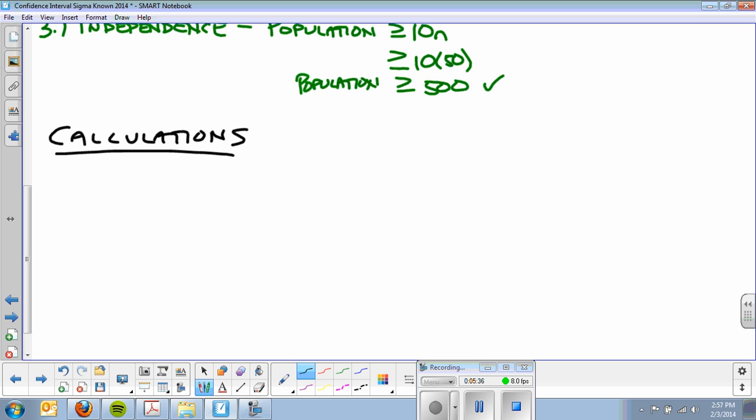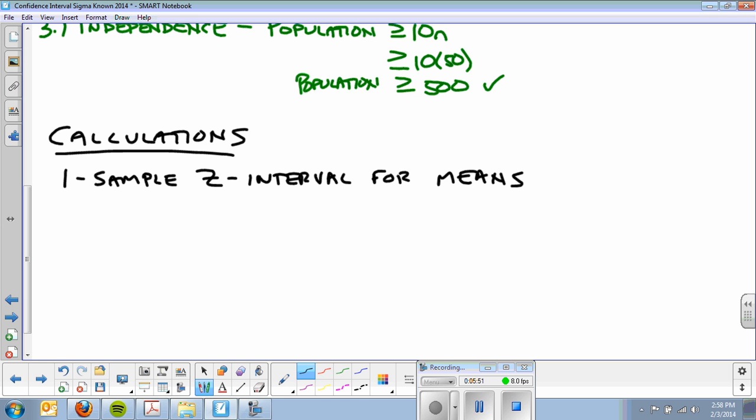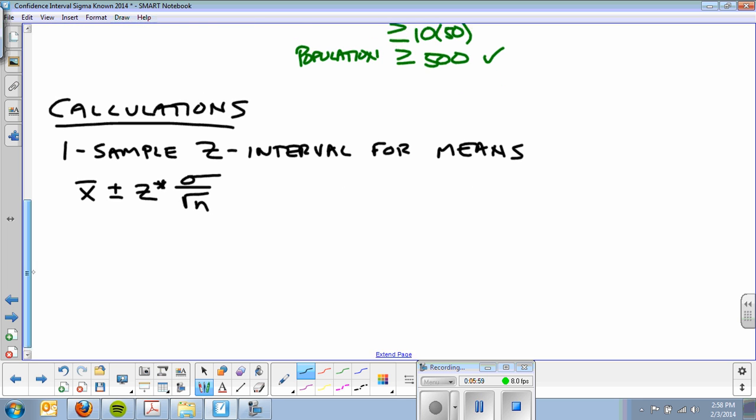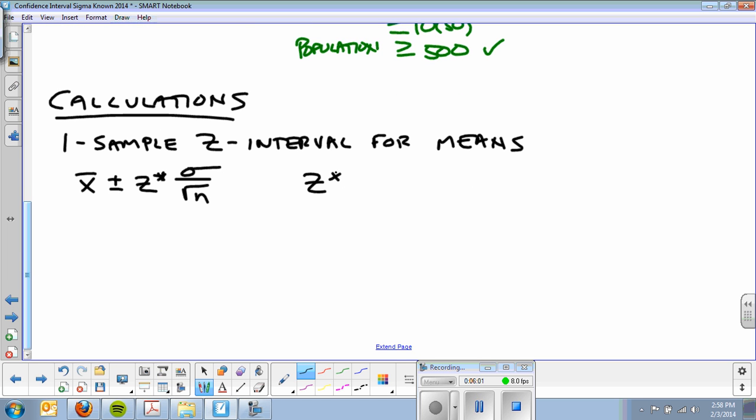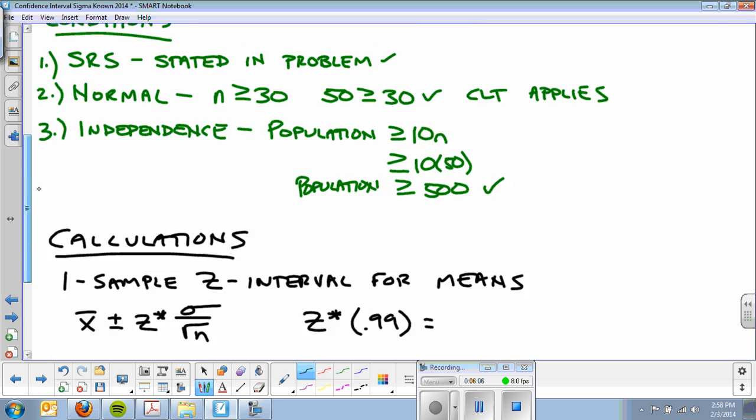Alright, first off we name the formula. This is a one sample z interval for means. And we write the formula down, x bar plus or minus z star sigma over the square root of n. Now, a little reminder, z star for 99%. And again, I got that from the problem.